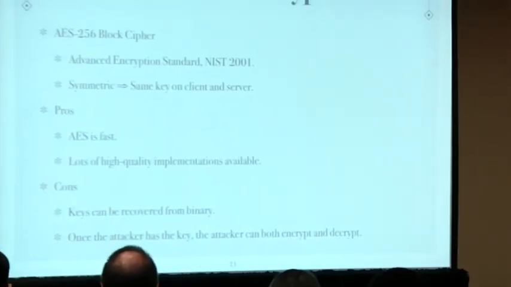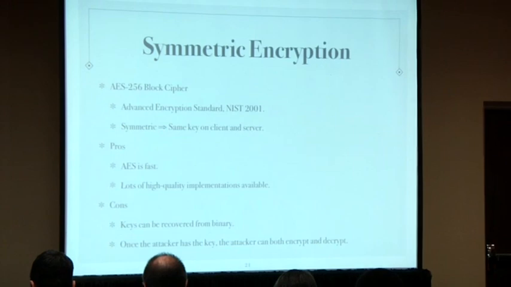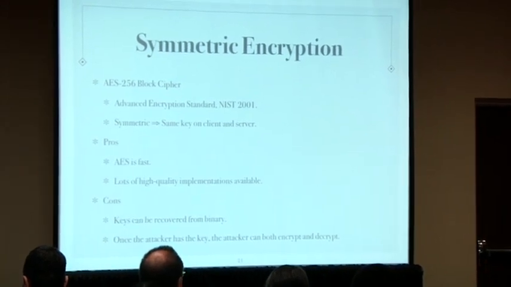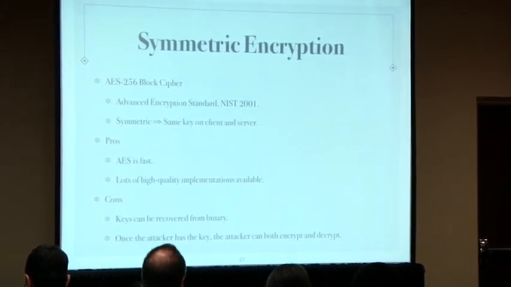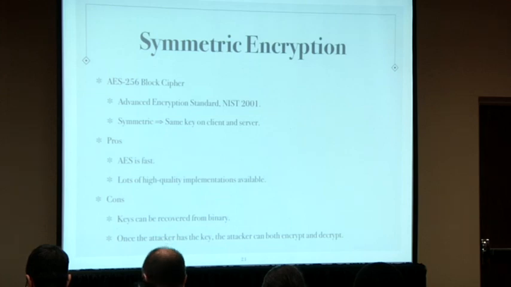The second thing we're going to show you is symmetric encryption. We're going to be using AES 256, which is a block cipher. As Alejandro mentioned, the fact that it's symmetric implies that we're going to have the same key on the client and the server. The pros to this: first of all, AES is really fast, so there's not much performance overhead. A lot of devices actually have AES intrinsics, so you can do this in hardware. There are also lots of high-quality implementations available. Like we were saying, don't write your own crypto code.